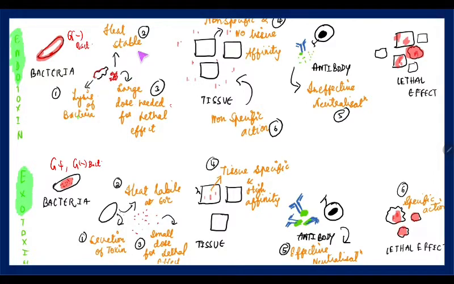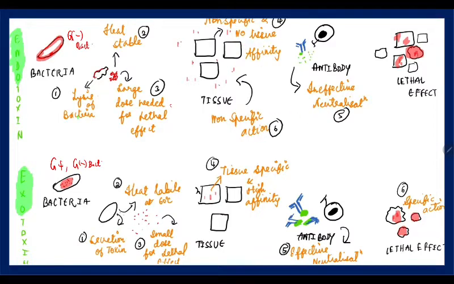The toxins released are heat stable, and large doses are needed for a lethal effect. Like in a human bomb, when the person dies explosively, the surrounding area is destroyed non-specifically. And here also in endotoxin, there is non-specific action, and there is no tissue affinity.